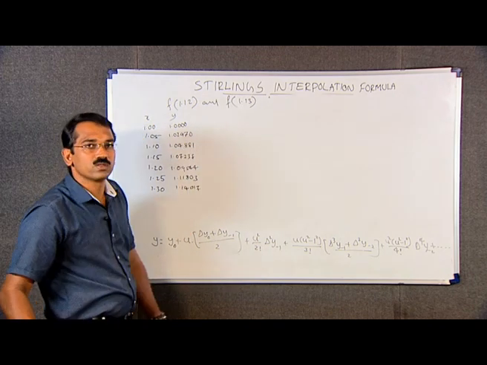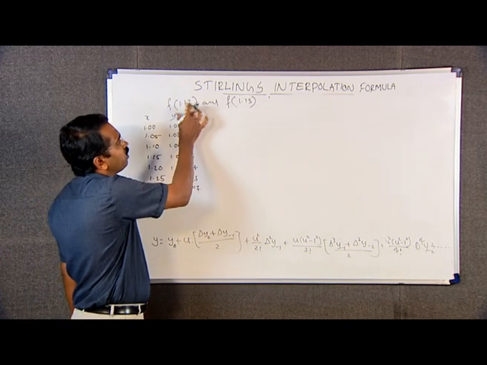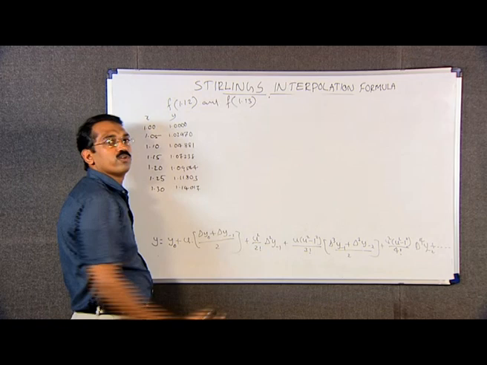These are the given values. We have to interpolate, or find f of 1.12 and f of 1.13.